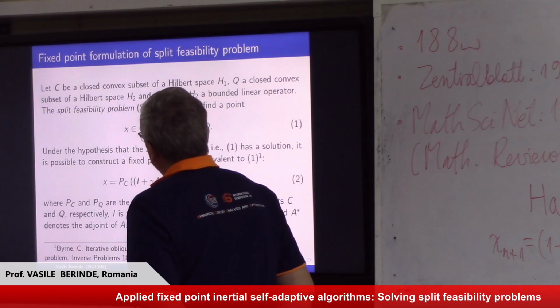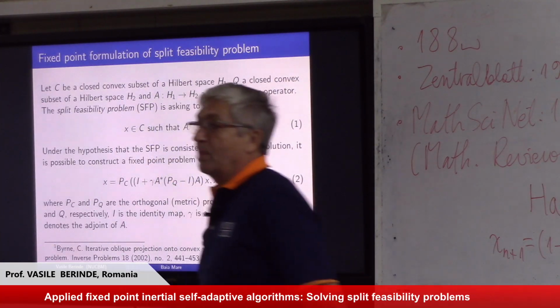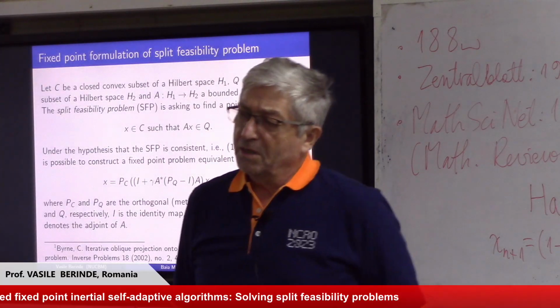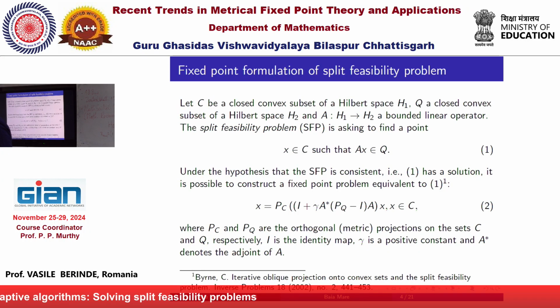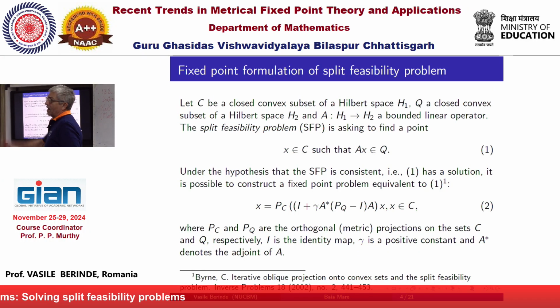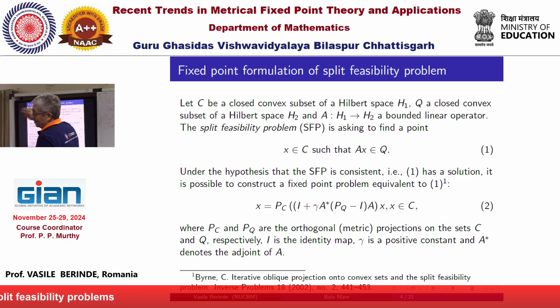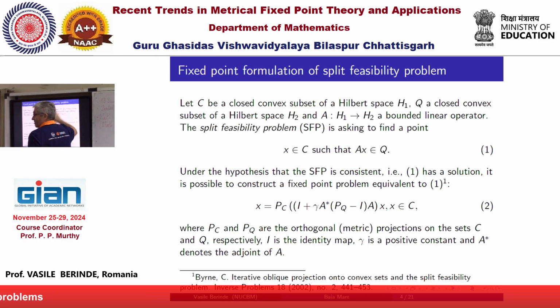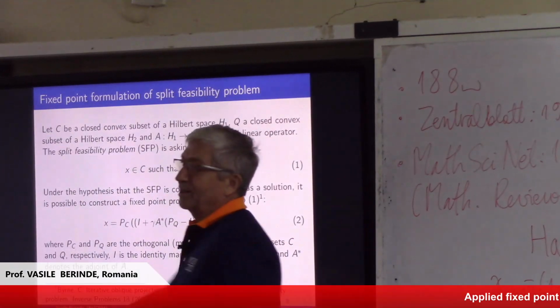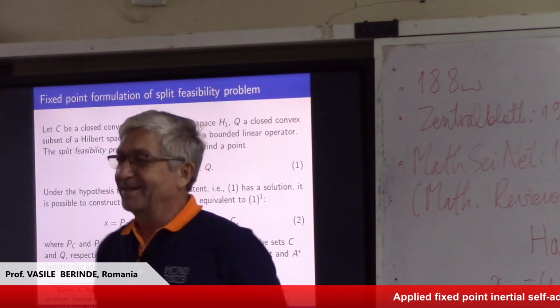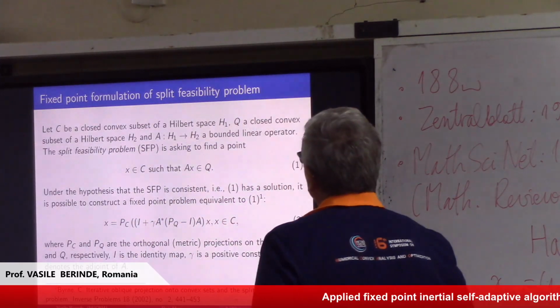I wrote a letter recently to Byrne, maybe I invited him to review a paper, and he said, oh no, I'm now retired for many years, he must be over 80, and he said he is no longer interested in reviewing this kind of problems, split feasibility problems.